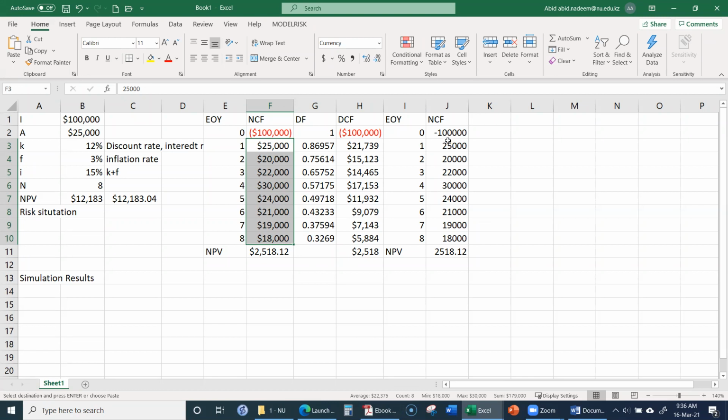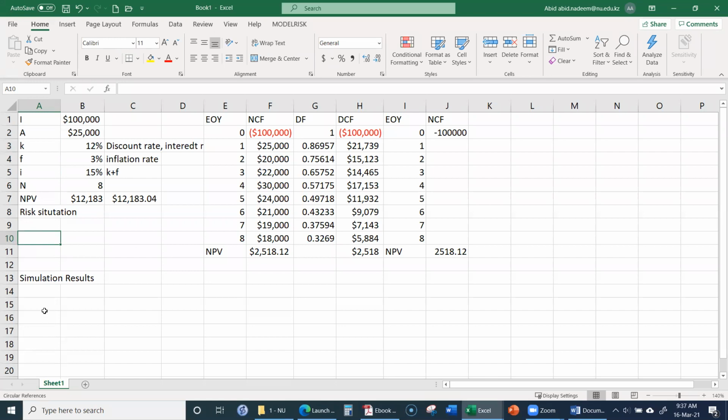Anyway, so let's assume that these values over here are different. These values change randomly for a normal distribution with the mean of $22,000 and the standard deviation of, let's say, $5,000.